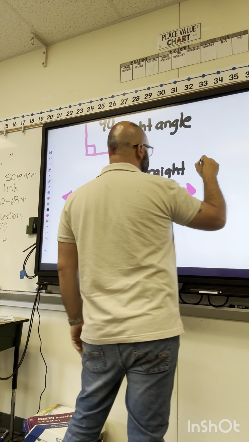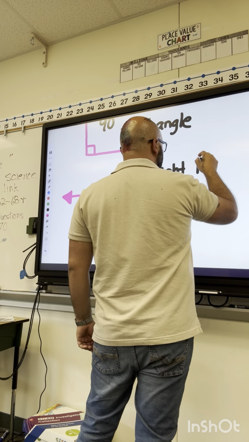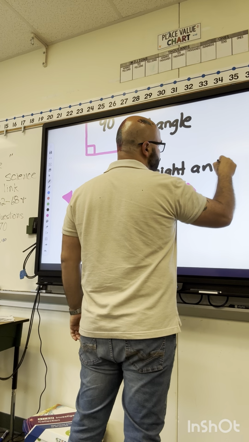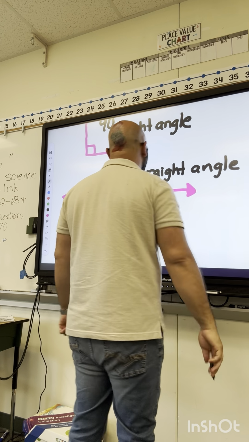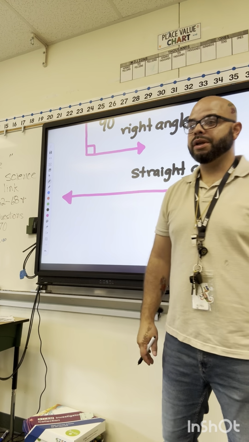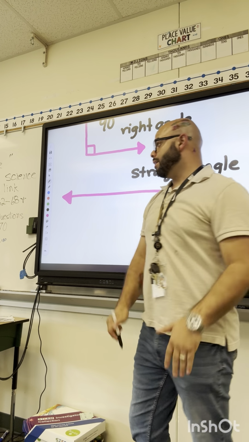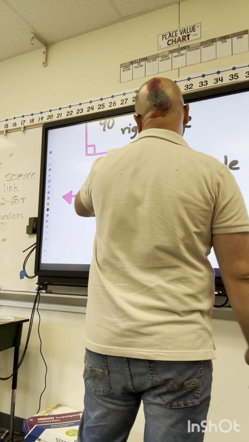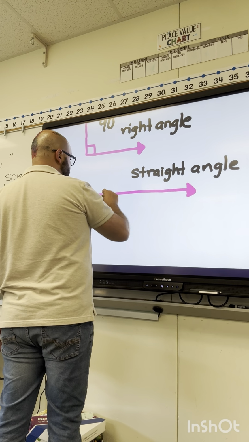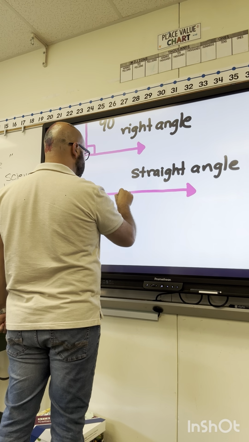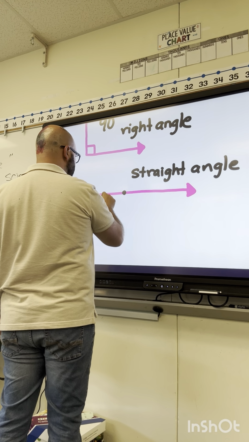So wherever you see a straight line, you would assume that that would be a straight angle. So a straight angle is a straight line, okay? Now, the degree of a straight angle, and you'll notice that it has another thing here that you guys might not know.